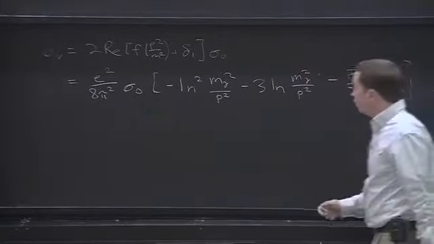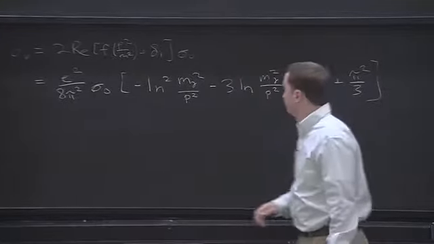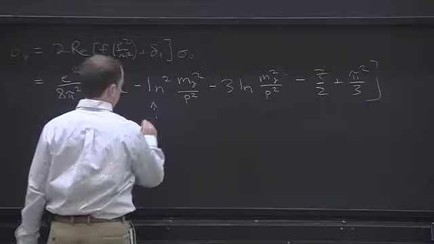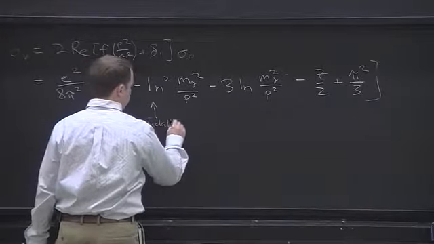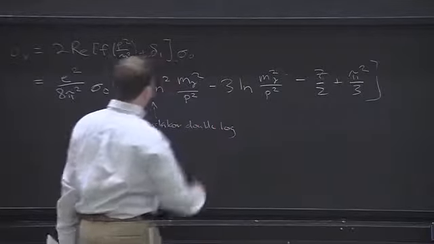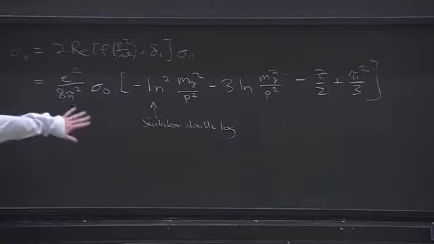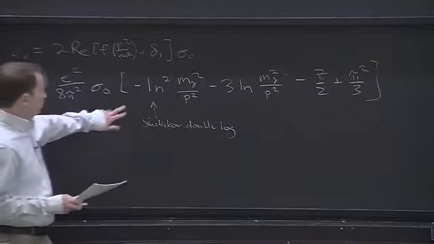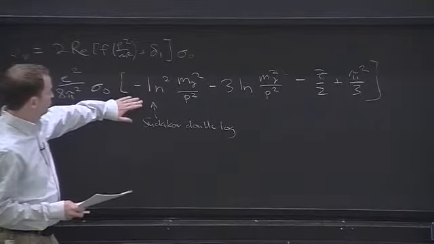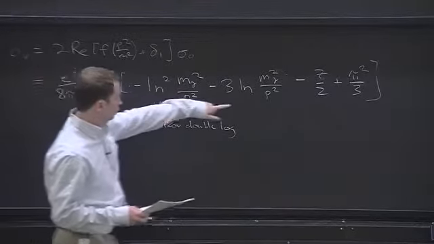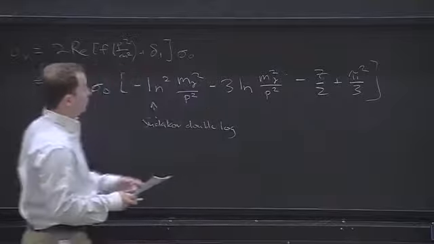And the essential feature of this result is this first term, which is known as a Sudakov double log. So this is characteristic of IR divergences. So it's two divergent terms if we take m gamma to 0.